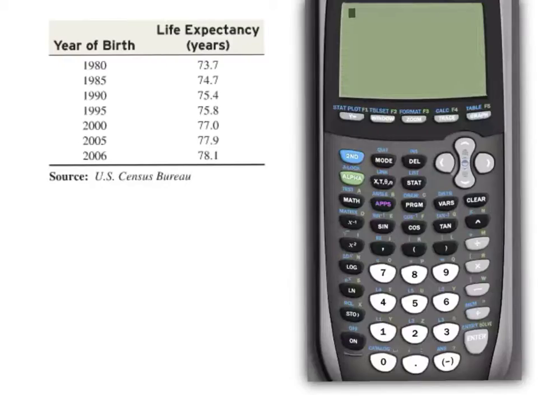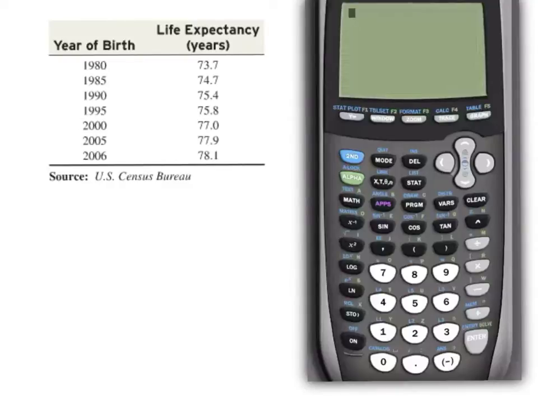Next, we're going to investigate how we make a linear model for a set of data given in a table. And the first step for that is to make a graph that's called a scattergram. And I'm going to show you how you can do that on your calculator, because although you can do that on a piece of graph paper, it's really a lot easier if you can learn your calculator how to make this sort of graph.